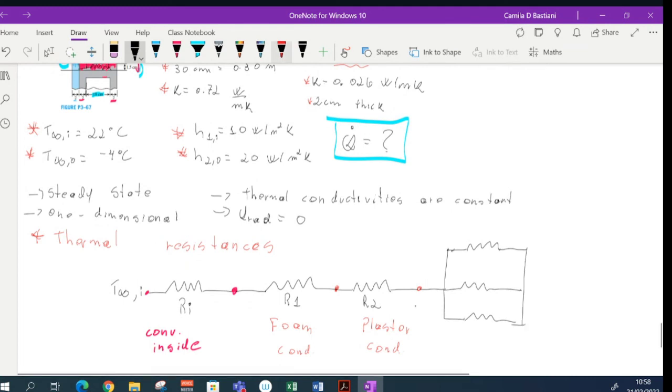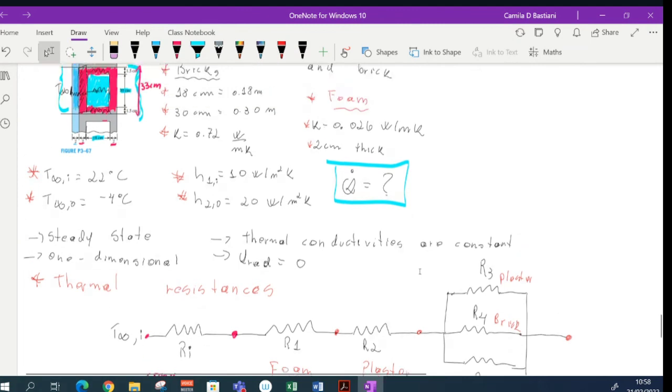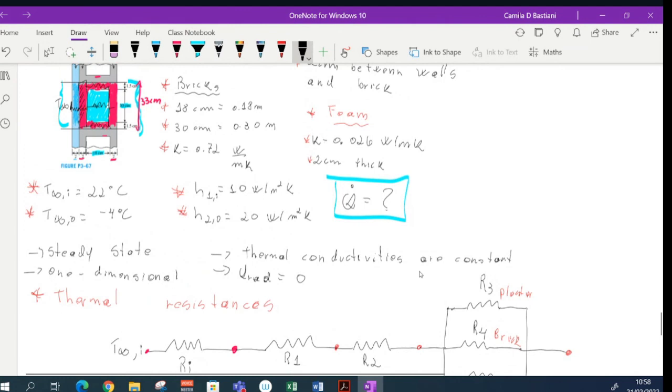I'm going to call those my resistance 3, resistance 4, and resistance 5. Here I have plaster, brick, and the plaster again. Resistances in parallel.